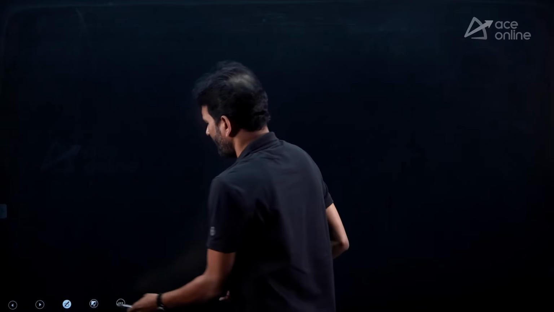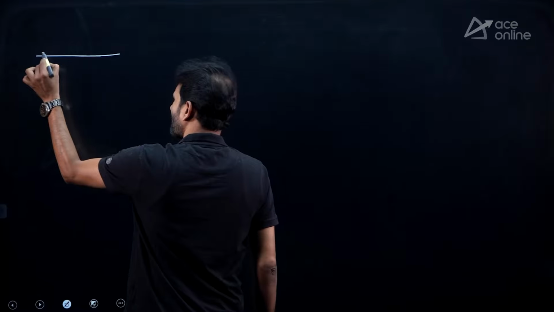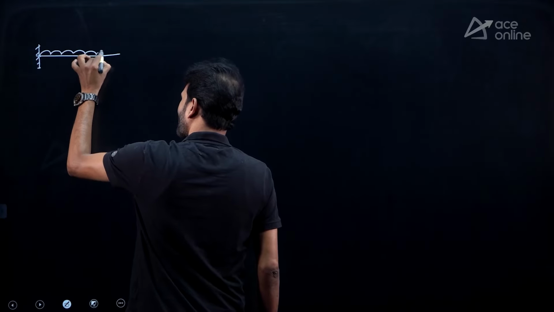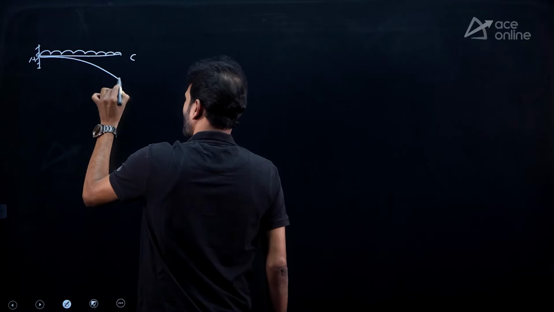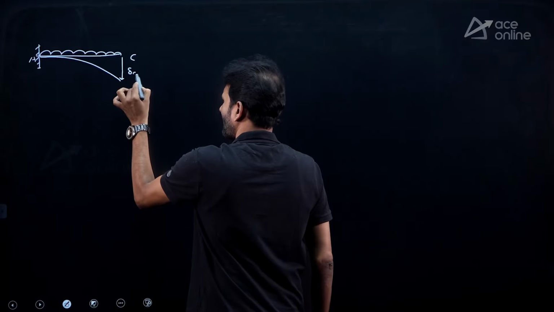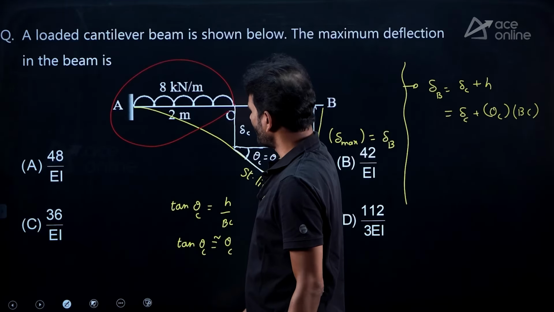Use this part. AC part only I am considering. I can take A and C. The beam is getting deflected something like this. So, this is del C and this is theta C we are having. This is the standard case now.